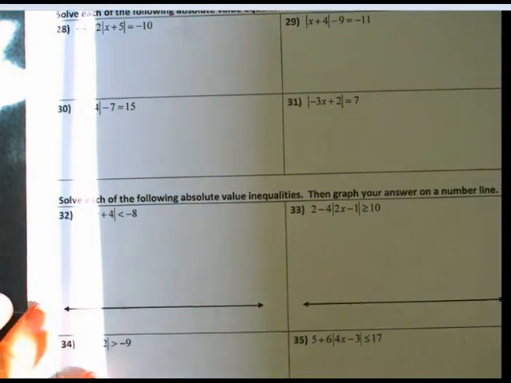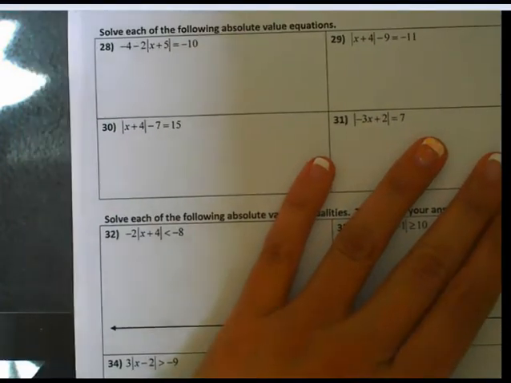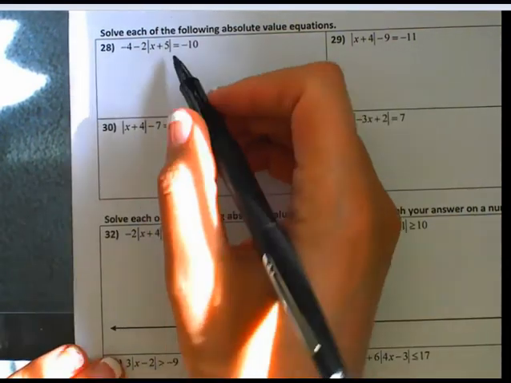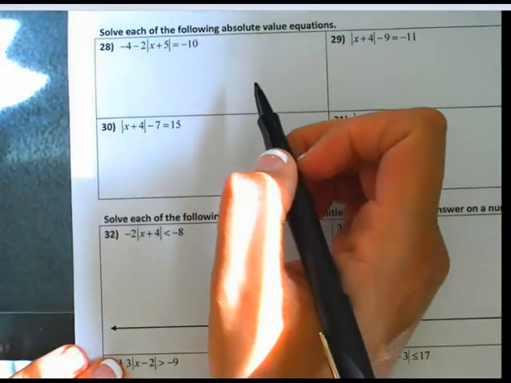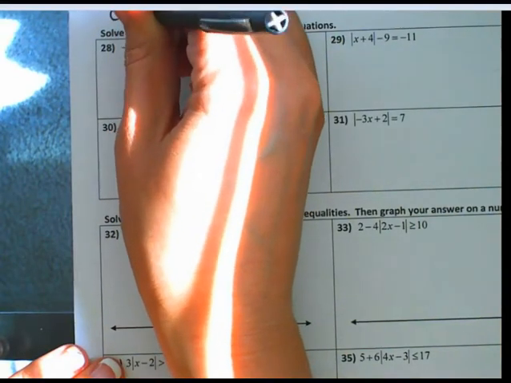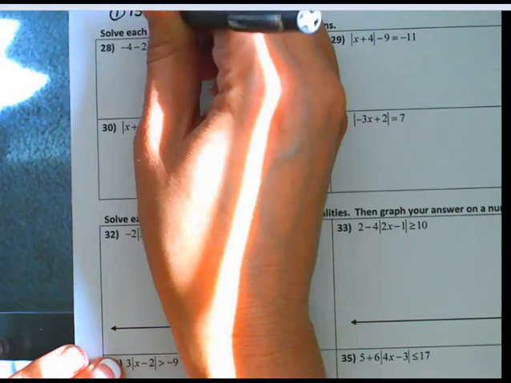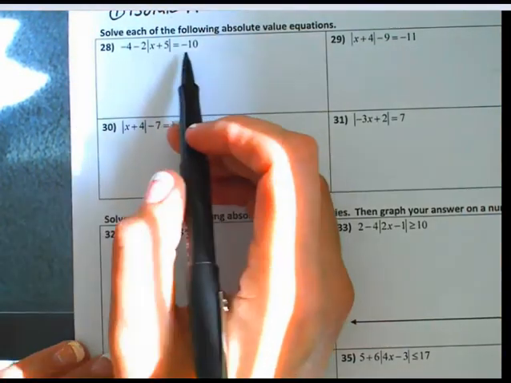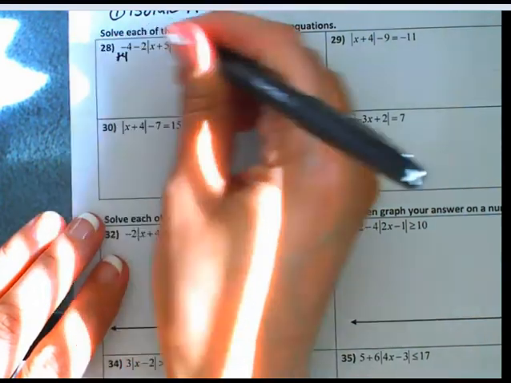All right, let's go to the last page. All right, so the first step for solving these, you need to isolate the absolute value. So that's the first step. First step is to isolate the absolute value. So if I'm looking at this problem right here, I need to add 4 to both sides.